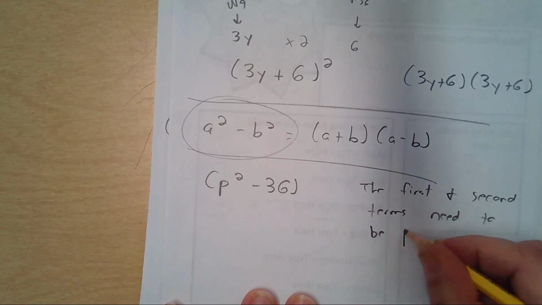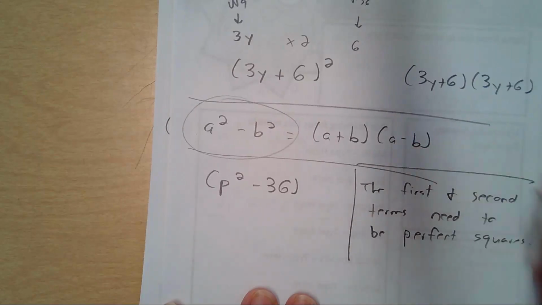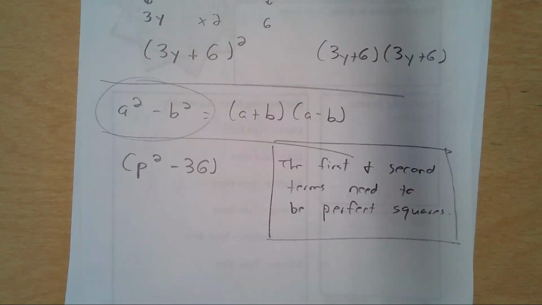If they aren't, well then this format won't work for us. But again, the whole point of this exercise is for you to get used to these types of problems, so they will be in this format today. But there's only going to be 2 terms in here.